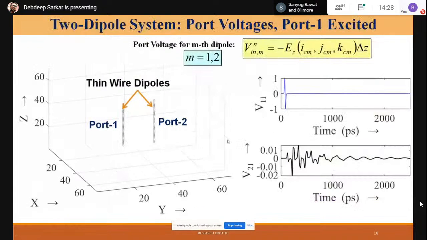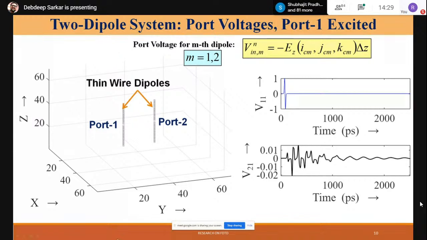It will run up to almost 6000 picoseconds. I am not showing up to that because it would have looked very narrow and you could not have understood. Here also it is not that clear, but you can probably see that this is a differentiated Gaussian pulse over here. But it is very important to choose the number of simulation steps.